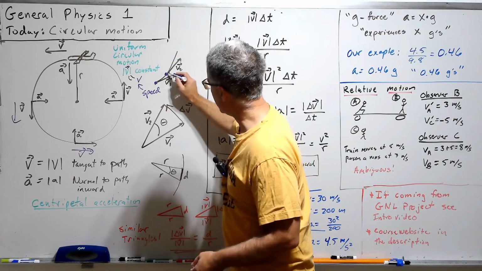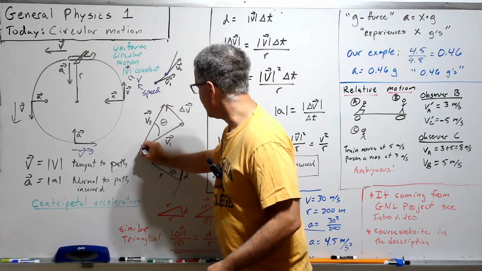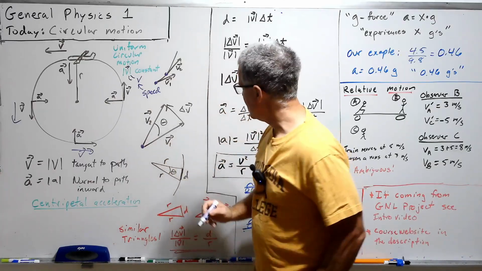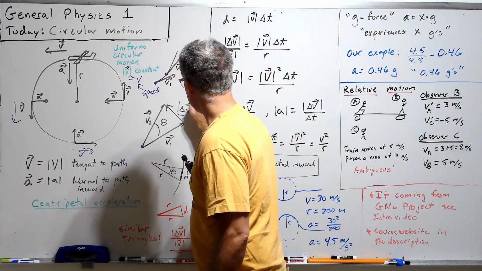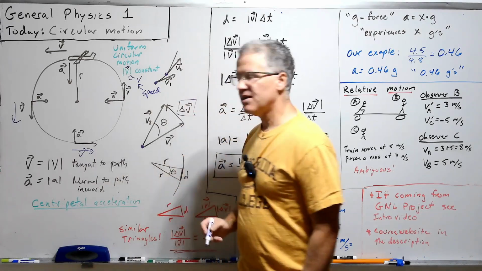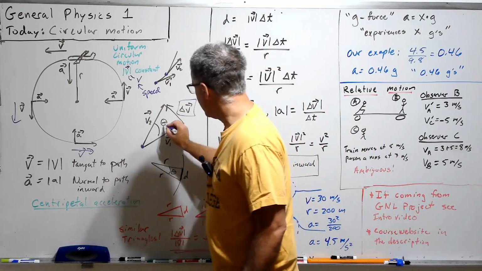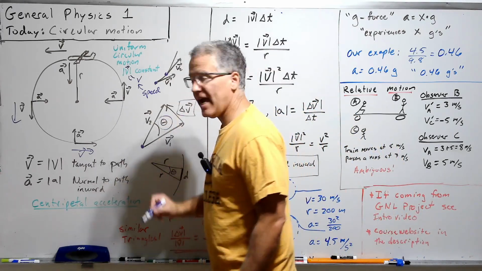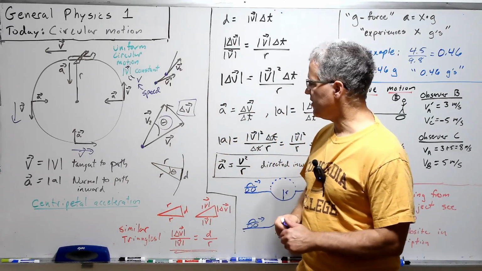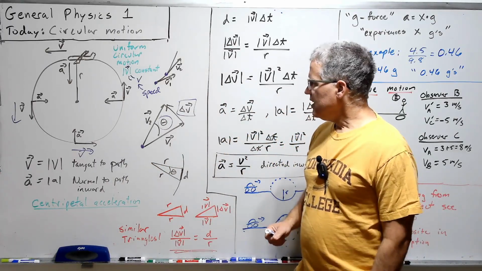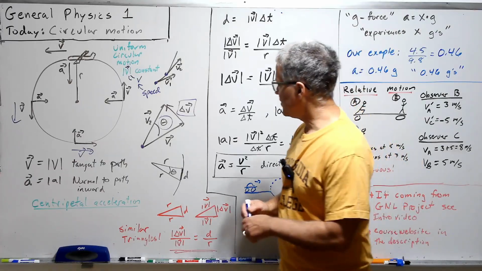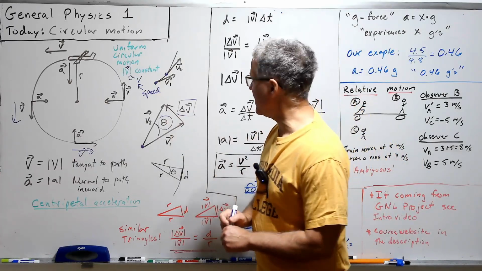So we're going to pick these up and put them at a common point, and our delta v is then going to be this vector. They differ by an angle theta.